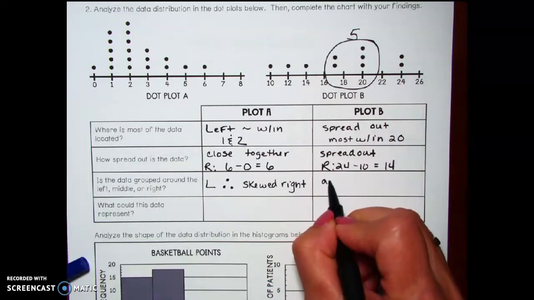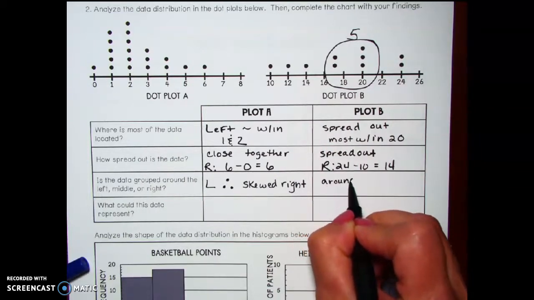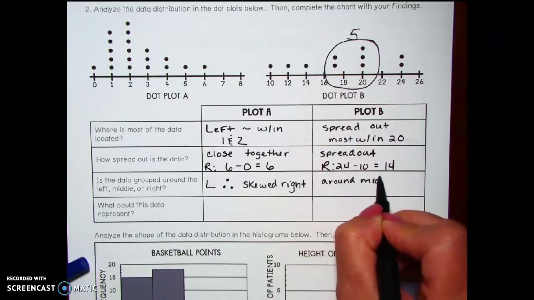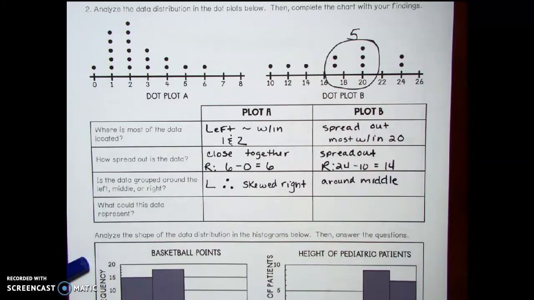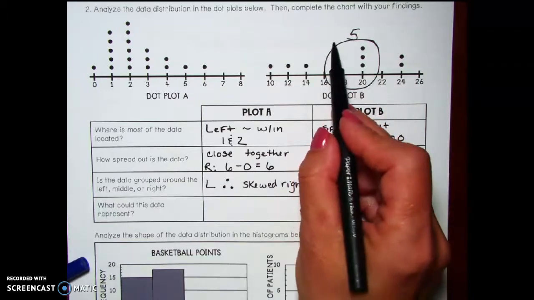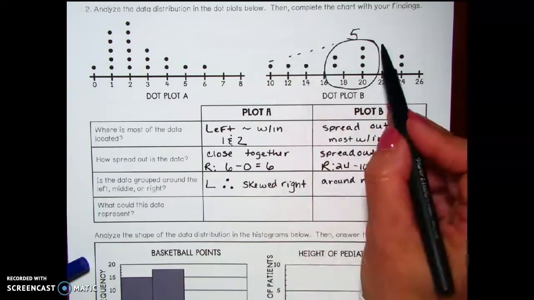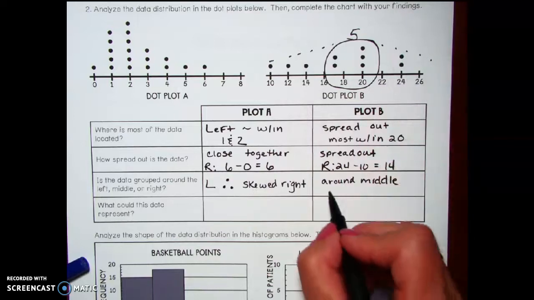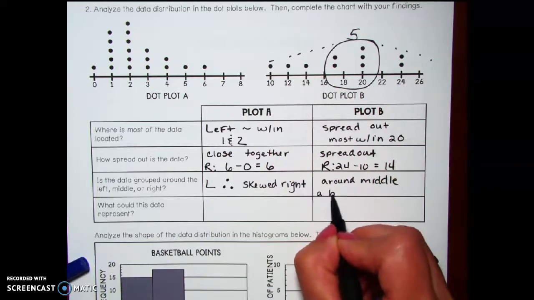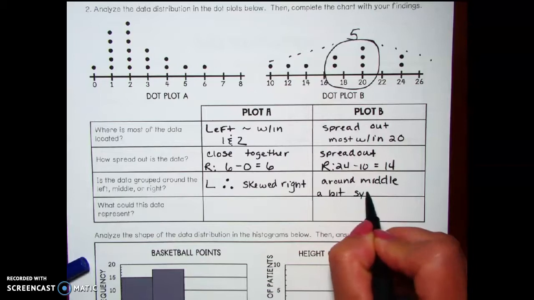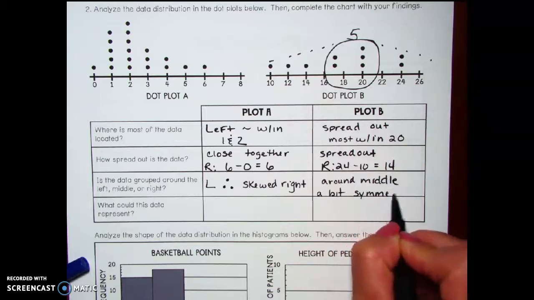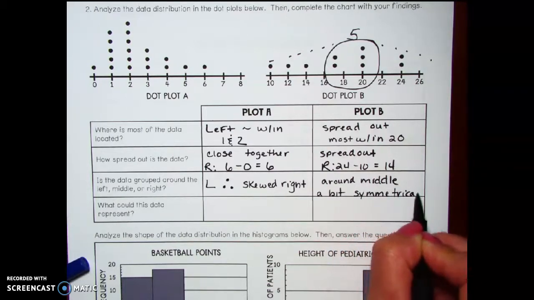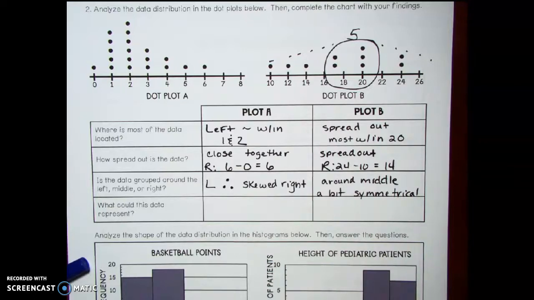So it's around the middle. And it could be a bit symmetrical, a bit. I don't know if that's a real mathematical term. Symmetrical is, but a bit, I don't think so.